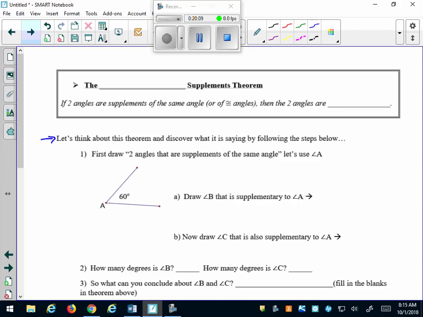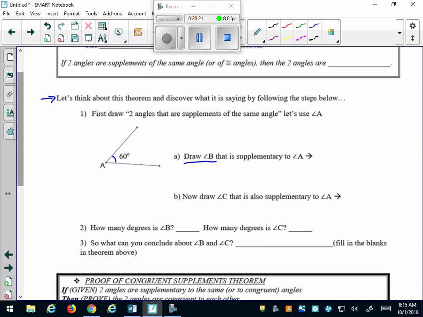So if we use angle A, which is 60 degrees, and I ask you to draw angle B that is supplementary to angle A, how many degrees would angle B have to be? Well, if they're supplementary, they have to add up to 180. Angle A is 60. That means angle B would have to be 120 degrees.